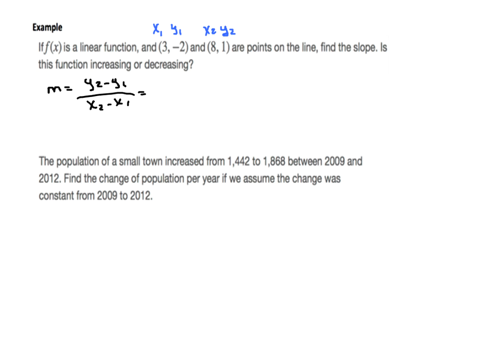Okay, so y2 is 1 minus, remember I'm finding the difference in position, minus -2, y1, divided by x2, which is 8, minus 3. Well, minus a negative in the numerator is really plus. So I end up with a slope of 3/5.